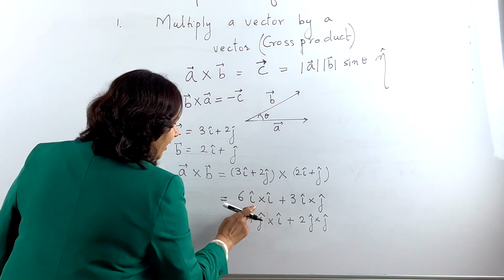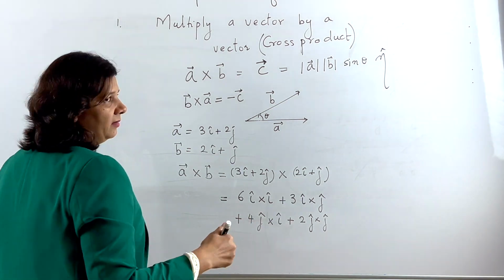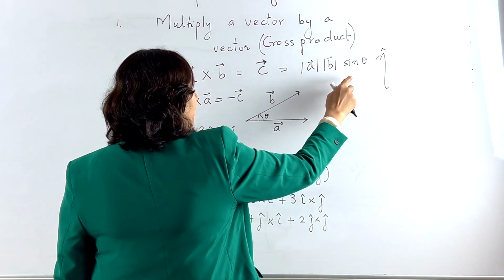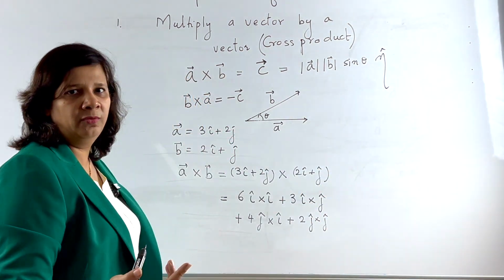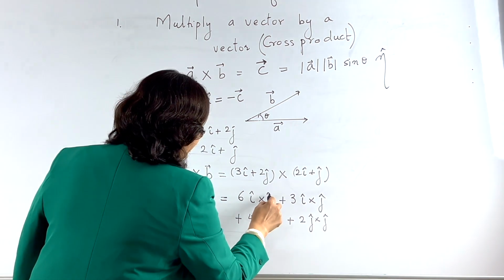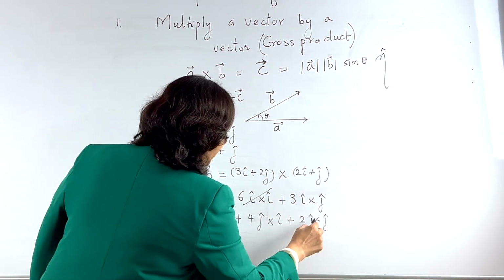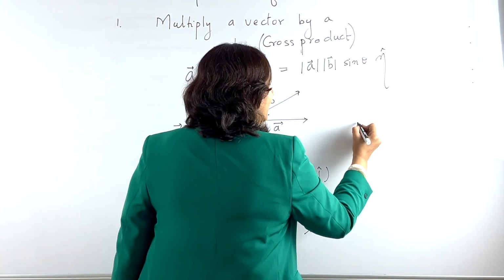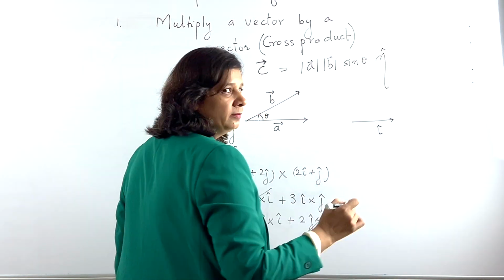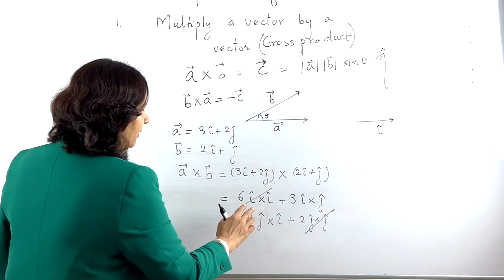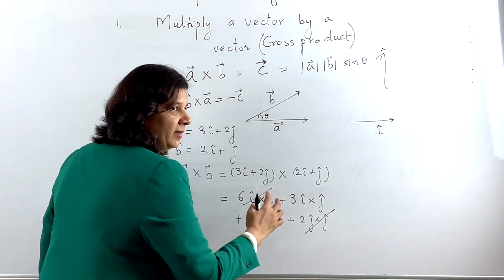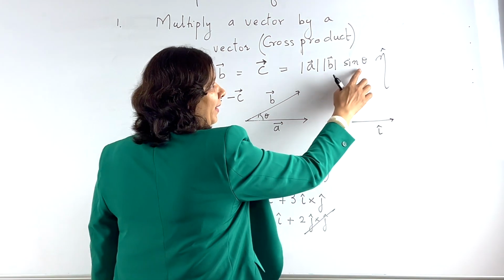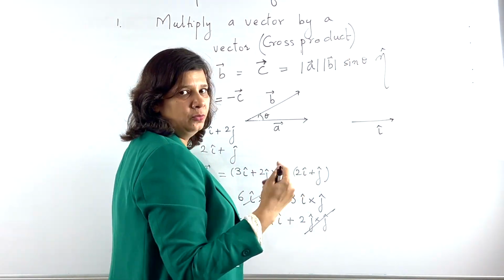we can find i cross i, where i is a unit vector along the x direction. Using the definition of cross product, this will give me sine of 0, which is 0. So these two terms, i cross i and j cross j, will cancel out, because the angle between these two vectors is 0. Both the unit vectors point in the x direction, and by the definition of cross product, sine of 0 will be 0.